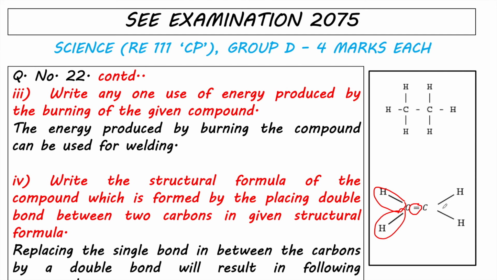And the same for this one, 2 already there, so just 2 hydrogens. So this is the structural formula obtained by replacing this single bond with a double bond. Just remember to reduce the number of hydrogen atoms here by 1, because 1 bond goes to here. Just remember to account for this.